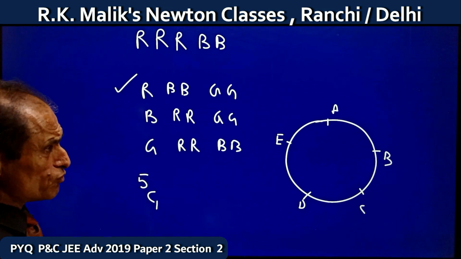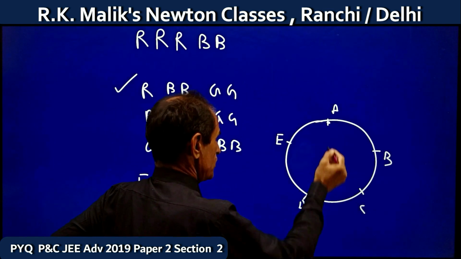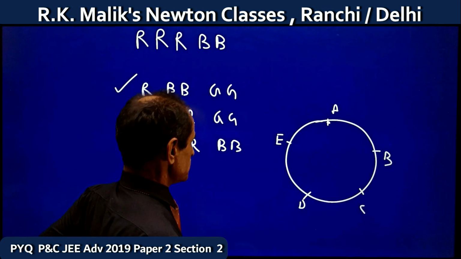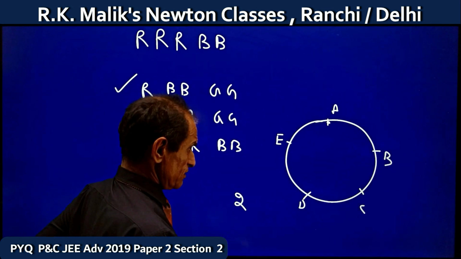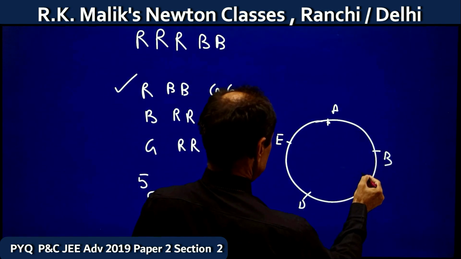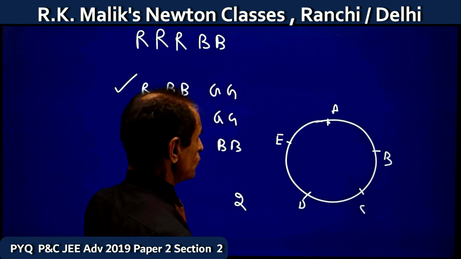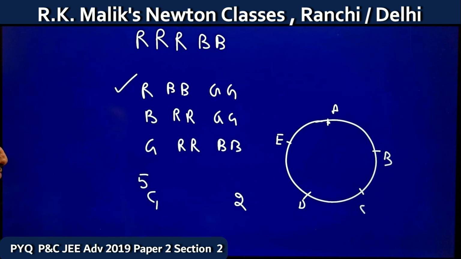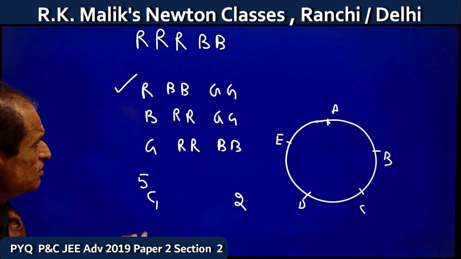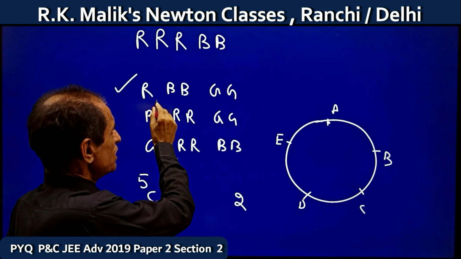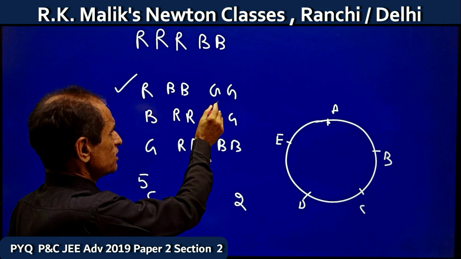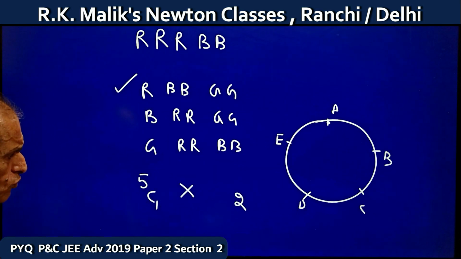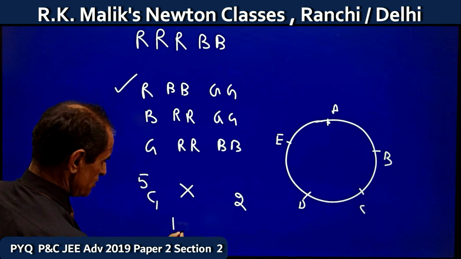In 5C1, suppose we have given R to A, then these 4 hats can be given to these 4 persons in 2 ways, either B, G, B, G, or G, B, G, B. Hence, total number of ways in which one red and two blue, two green hats can be given to these 5 persons is 5C1 into 2, that is 10 ways.